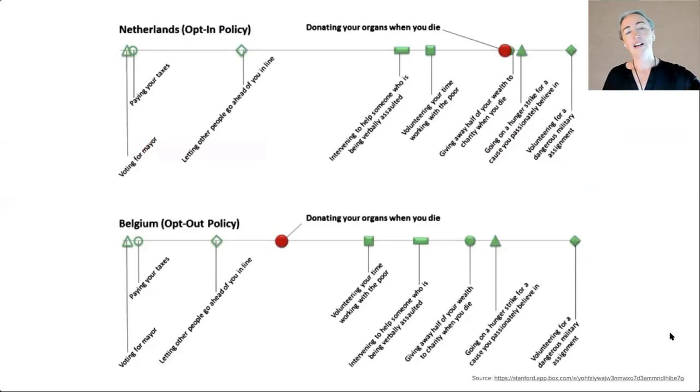In places where they had an opt-in policy, they saw donating your organs when you die to be the moral equivalent of giving away half of your wealth to charity when you die. It was a huge give. Whereas in countries where that is just the default, that's just the way we do it here, it was the moral equivalent of slightly nicer than letting other people go ahead of you in line.